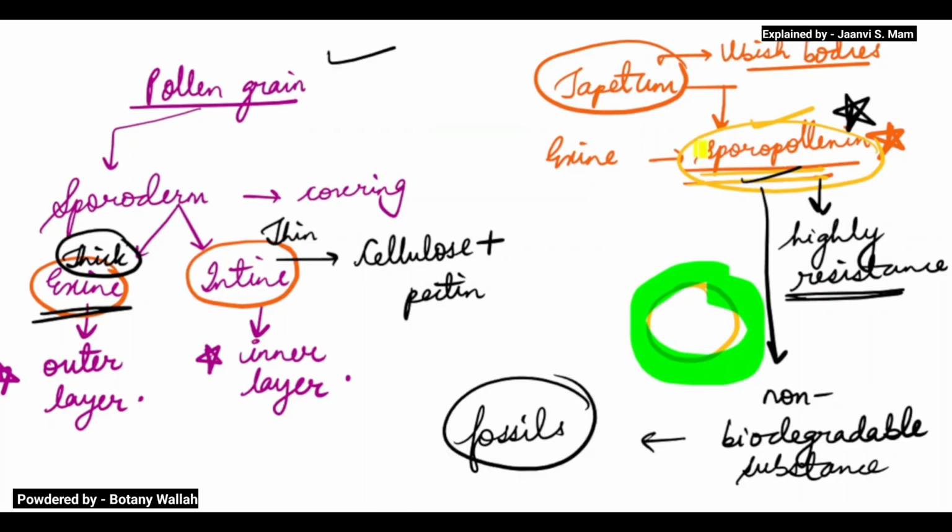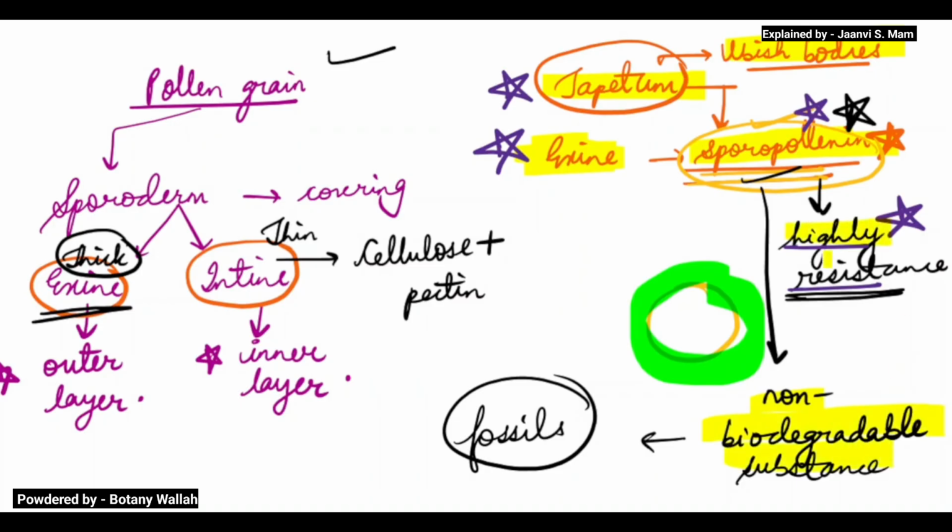You should remember this chemical, which is there in exine, tapetum, Ubisch body. These can be MCQ questions in your entrance exams. You should know that it is highly resistant and non-biodegradable. Because of this reason only it can be fossilized.